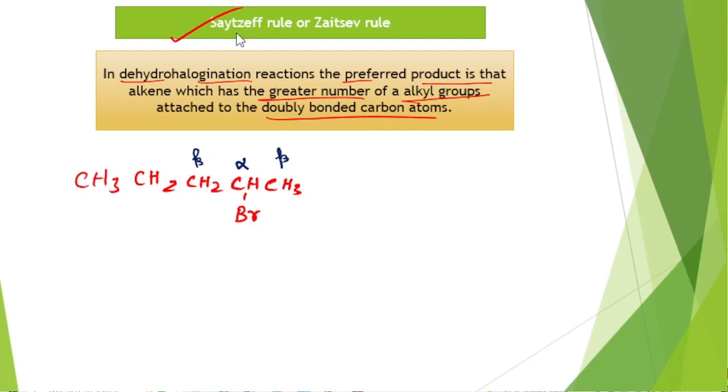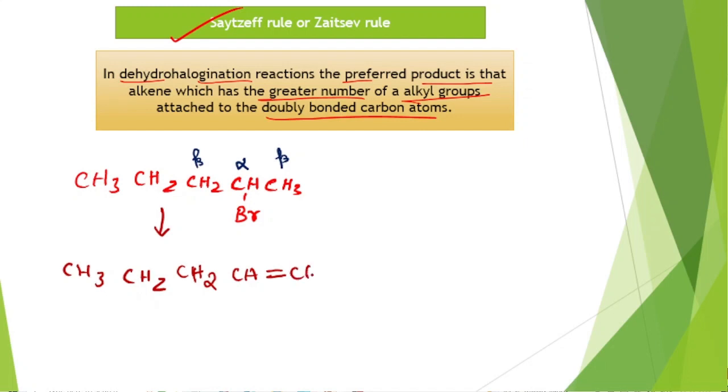Your first product is going to be CH3 as it is, CH2 as it is, then CH2, CH3. Now I am going to remove this Br, and here I am going to attach the double bond, and write CH2.